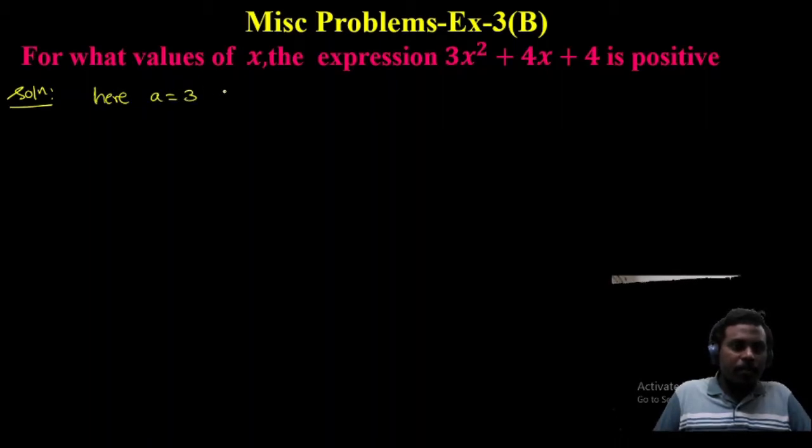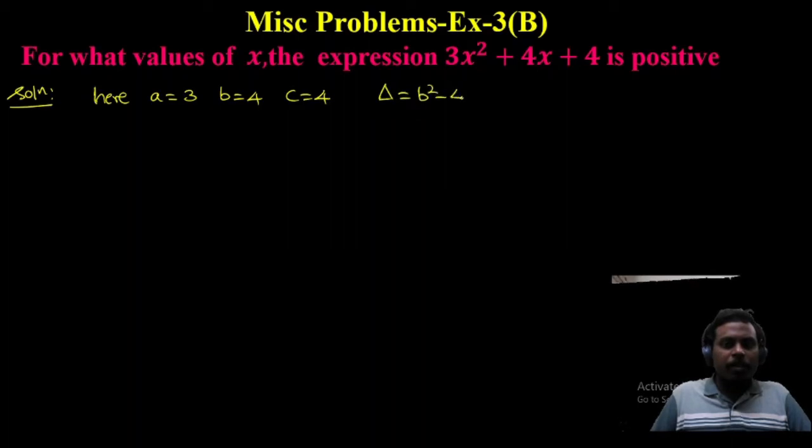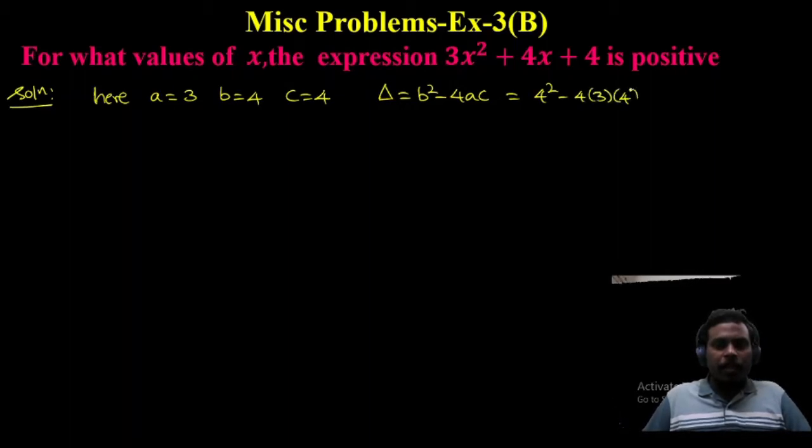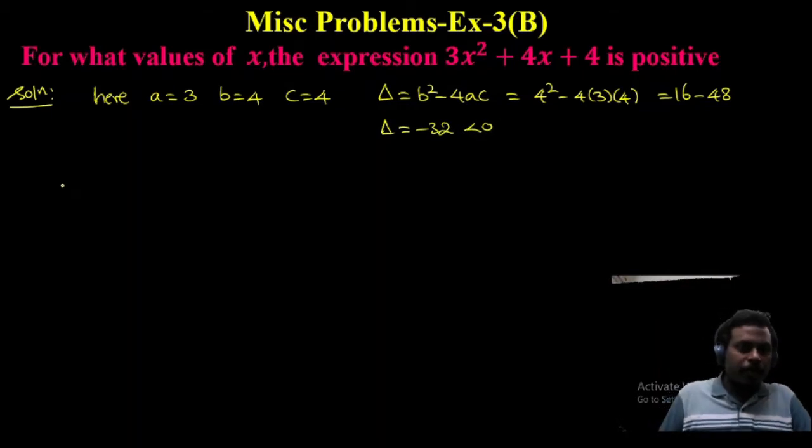A is equal to 3, B is equal to 4, and C is also equal to 4. And what is the discriminant? B square minus 4 into AC. B square is 4 square minus 4 into A value 3 and C value 4, that is 16 minus 16 into 3 is 48. So delta is equal to minus 32, which is a negative value.